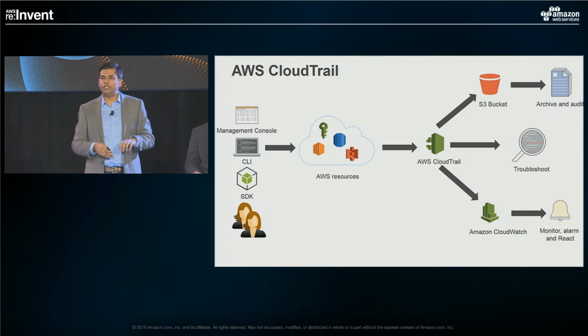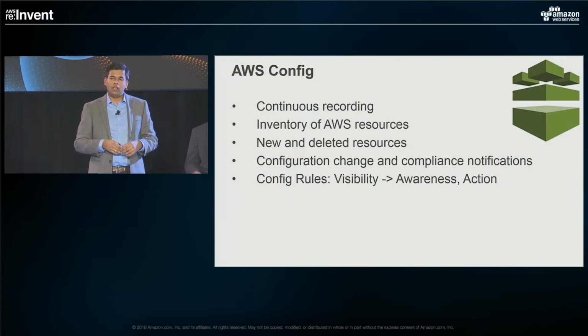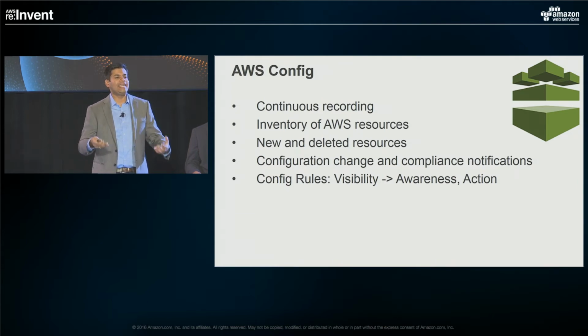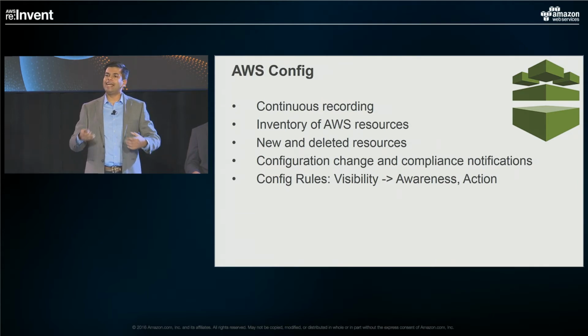These also get delivered to CloudWatch. So with CloudWatch, Adam now can define alarms and metrics over these API calls as well. Now, API calls are getting logged by CloudTrail, but what's the change that is happening? That gets recorded by Config.